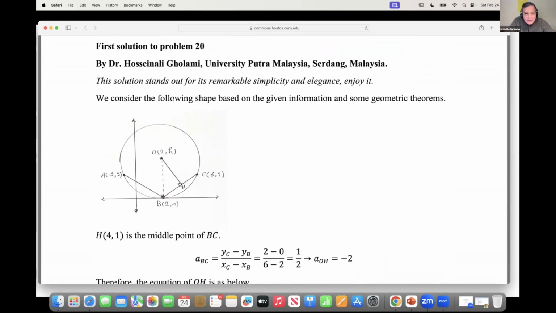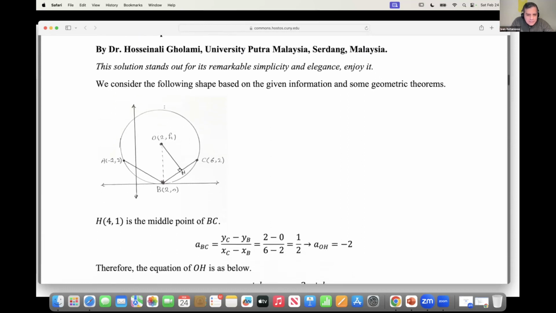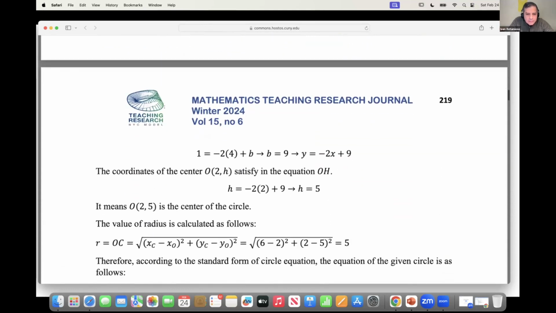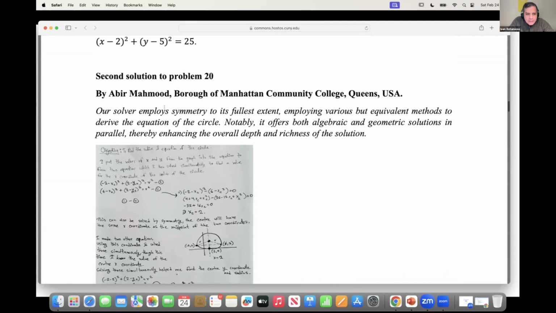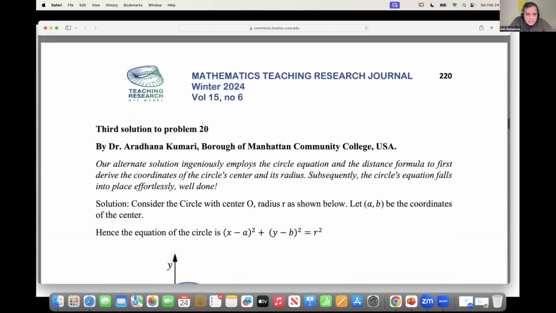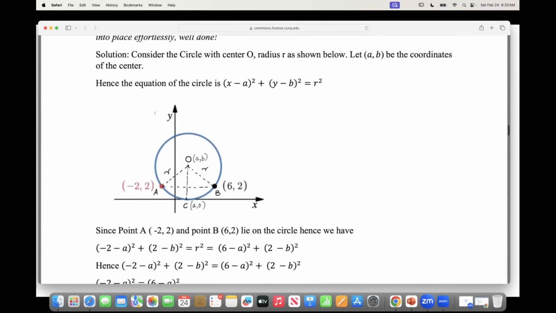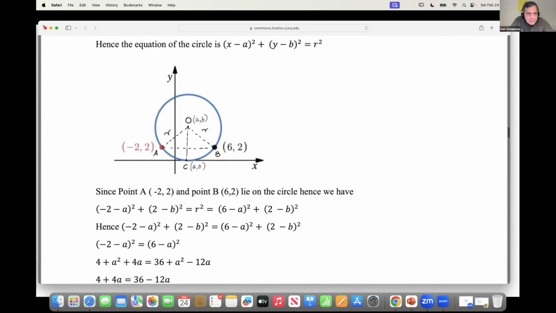And I decided to give his solution the label of the first solution, right? But as I said, there are other solutions that come, and then they could be considered second solutions or even third solutions, right? They will be there. This is a different approach, but still I consider that it was worth it to show it in our journal.